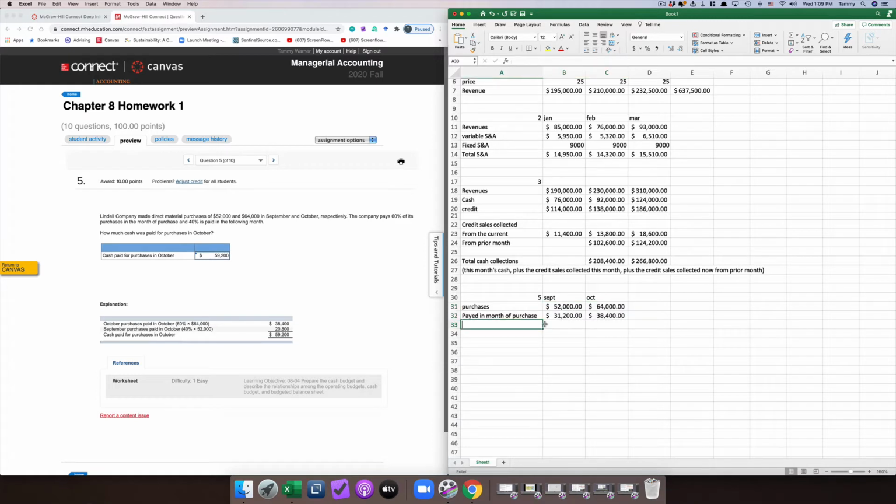And then paid in the following month. Okay, so we don't have any data that we can give in September, but we can calculate our purchases paid in October from September. So it's 40% times the prior month's purchases.